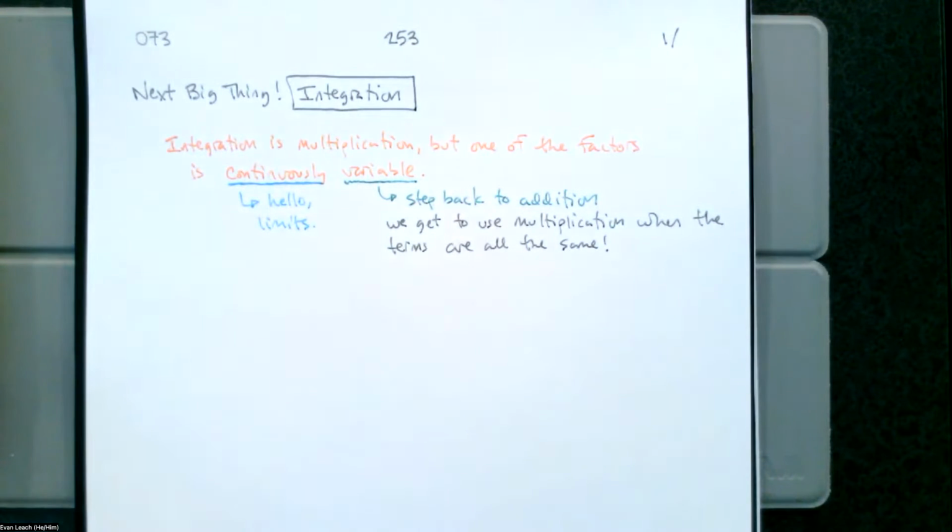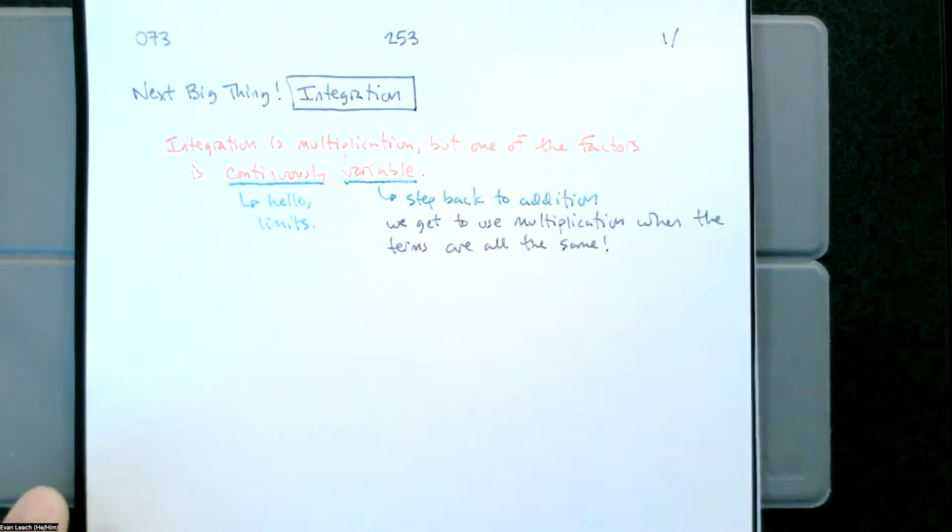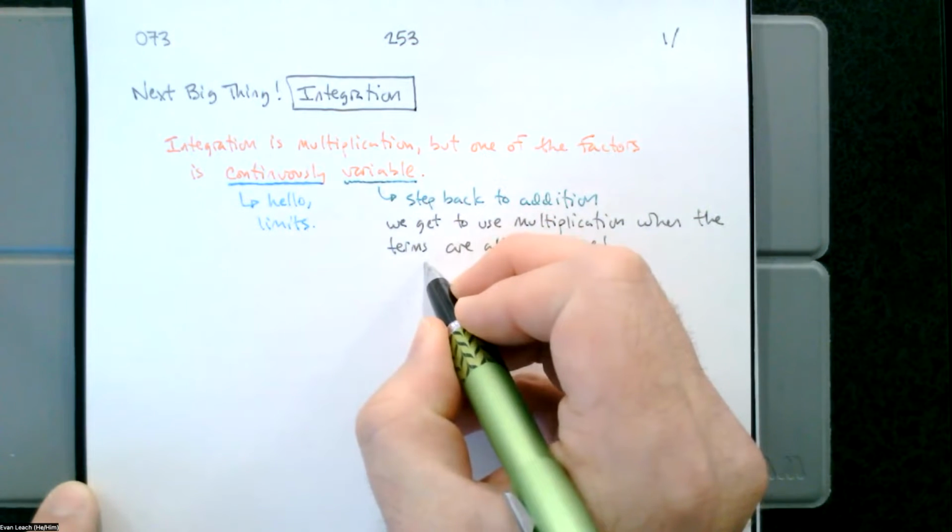We get to use multiplication when the terms are all the same. So if I see the expression 5 plus 5 plus 5, I've got repeated addition. The terms are all the same. I get to use multiplication.